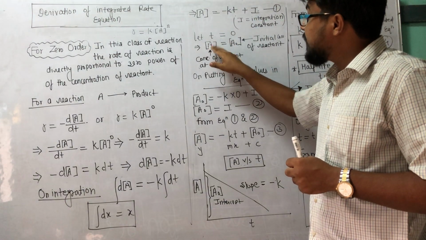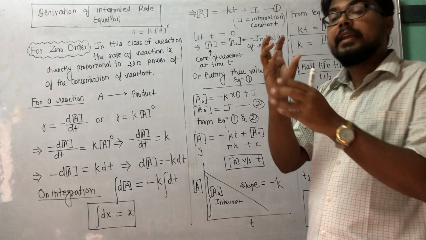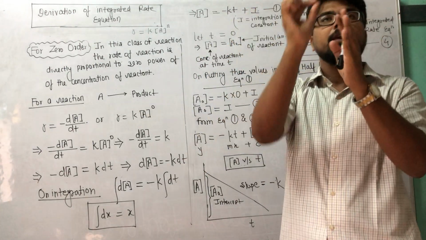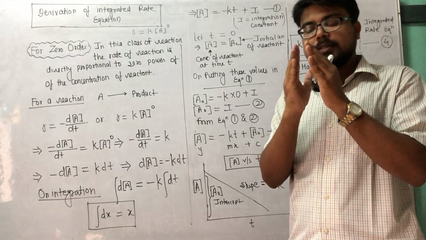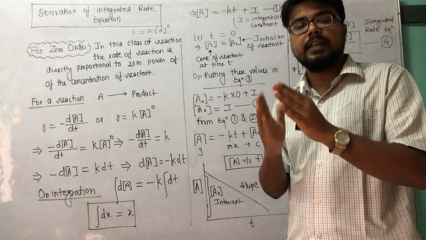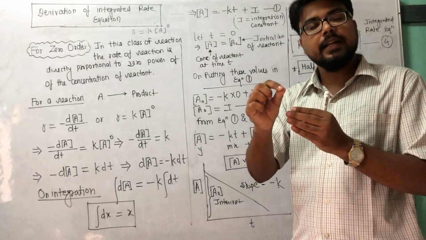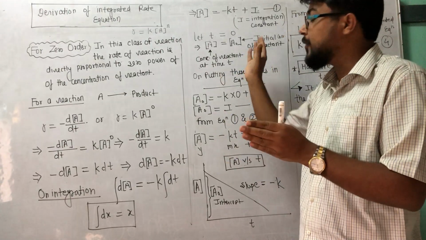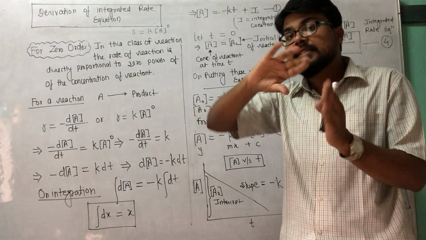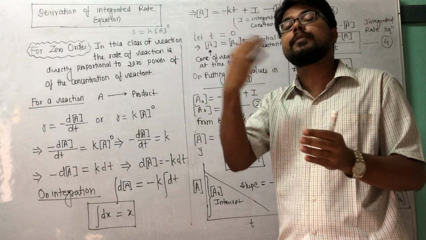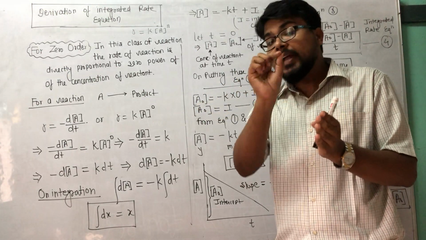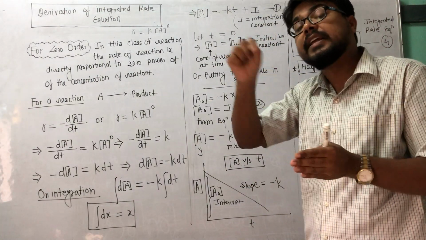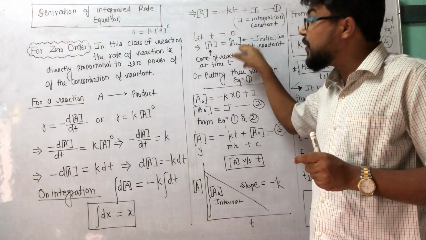A means the reactant concentration which is going to decrease. Suppose we start the reaction at this time. Before this time it is fully 100%, meaning A naught, and once it has started, say 1 second, 2 seconds or 1 minute is completed, A naught will become A, meaning A has started being consumed, so it is not purely 100%.